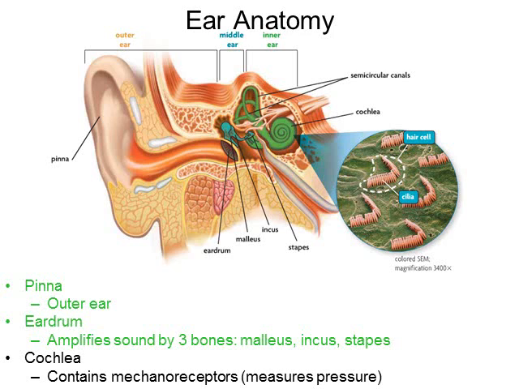Mechano is simply a prefix that means pressure, so there are pressure receptors inside the cochlea. These mechanoreceptors are what will detect sound. They'll create an impulse and send the impulse into your brain. We'll go into that in a little more detail on the next slide.